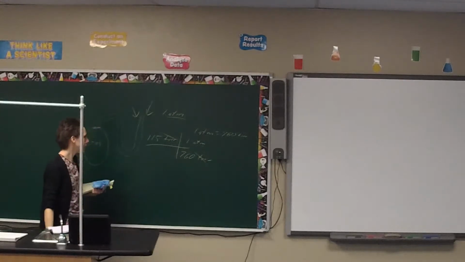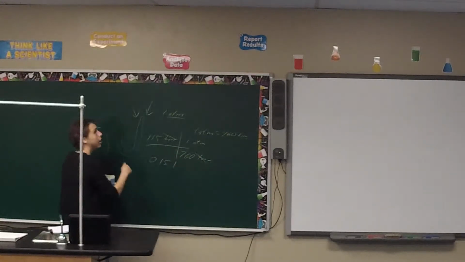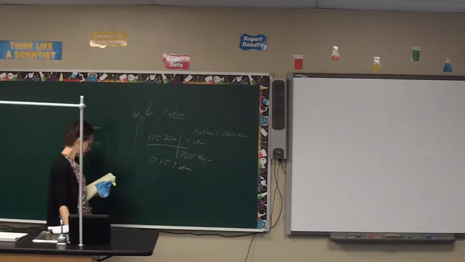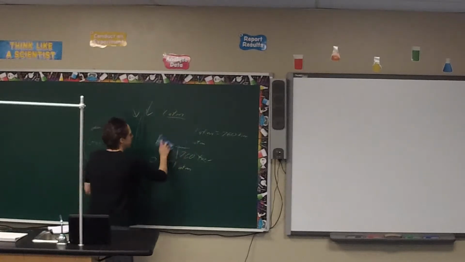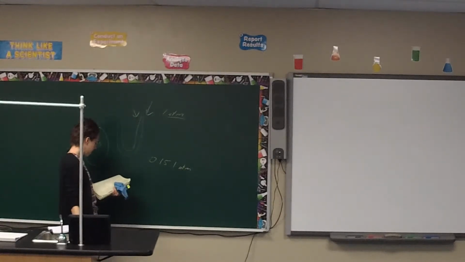That gives 0.151 atm. I'll need 3 sig figs, so I'll leave it at 3 sig figs. Since the gas is winning, I have to add these together: 1 atm plus 0.151 atm.